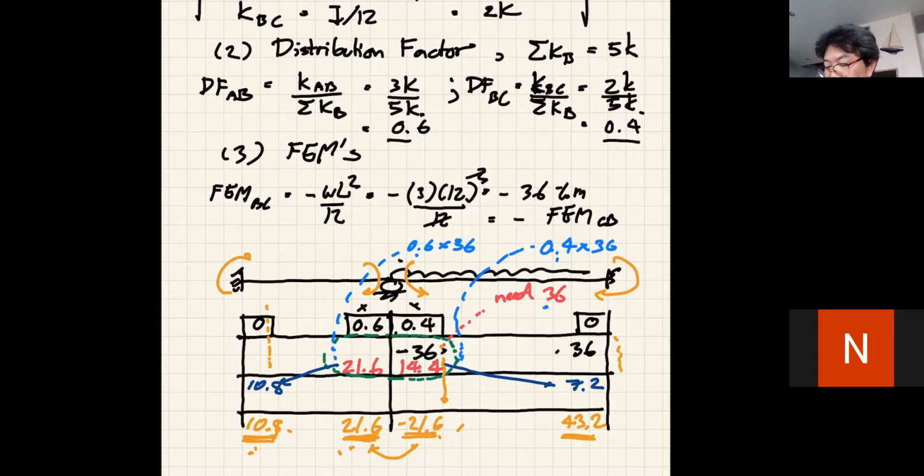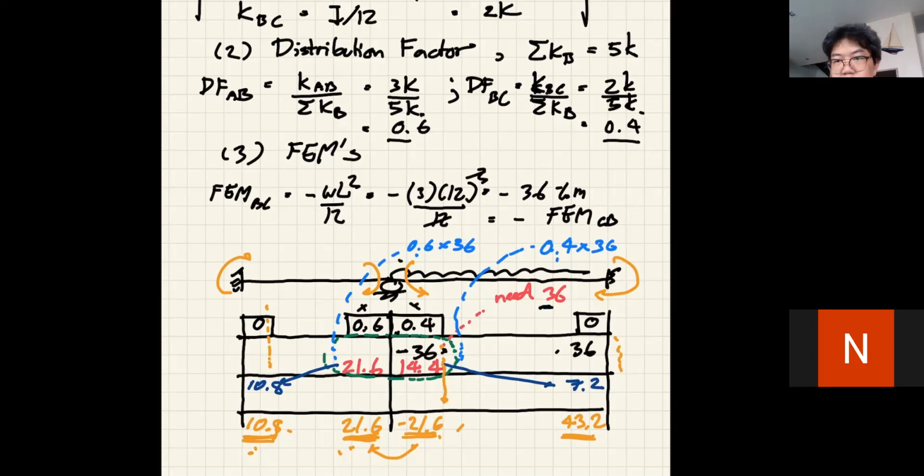This minus 36, which is unbalanced, must be balanced by member BA and member BC, which form joint B. How much they help in balancing this minus 36 depends on the distribution factor here. And in balancing minus 36, you need 36.